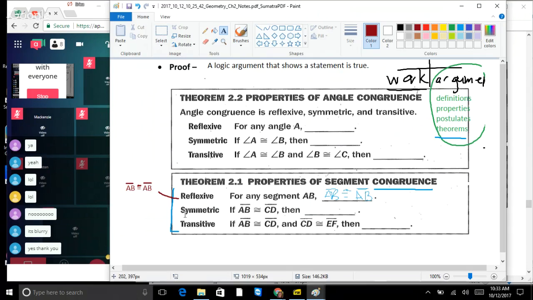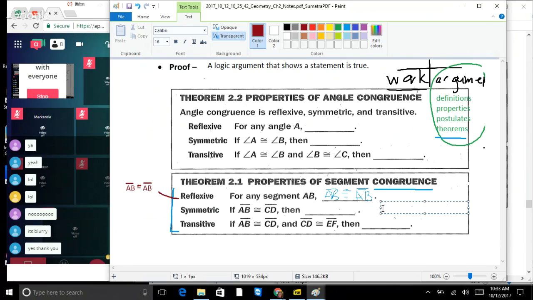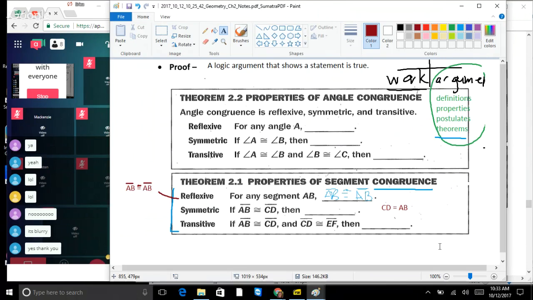Okay. So for the symmetric property of segment congruence, if you have line AB is congruent to line CD, then we know that line CD is congruent to line AB. I've got to fill in my blanks here, with the little fancy congruence symbol.